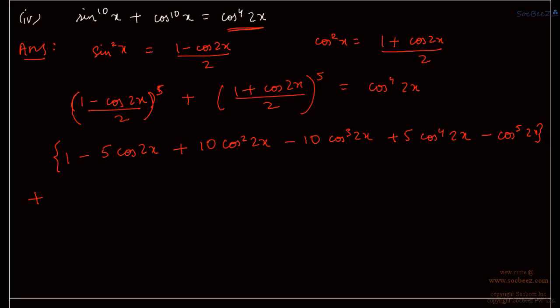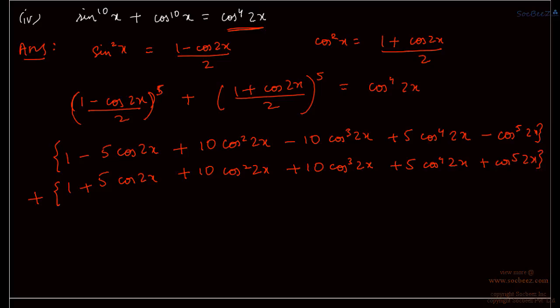Similarly, the second term is actually very simple. Instead of minus here, you will have plus, on the odd terms. So you have 5 cos 2x, you have 10 cos squared 2x, you have 10 cos cube 2x, you have 5 cos power 4 2x, and you have cos power 5 2x.